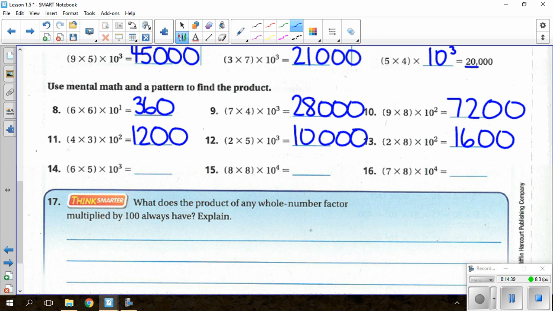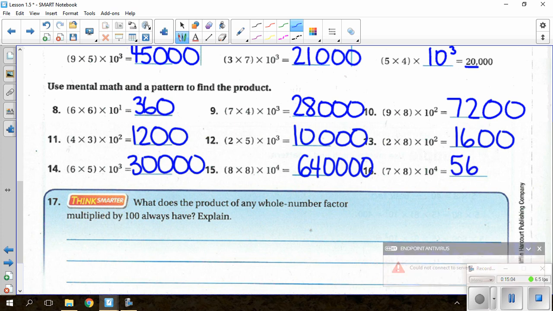For question number 14, 6 times 5 is 30, times 10 to the third power, I would have to add 3 extra zeros. For question number 15, 8 times 8 is 64, and times 10 to the fourth tells me to add 4 zeros. And question number 16, 7 times 8 is 56. Times 10 to the 4th tells me to add 4 zeros again.